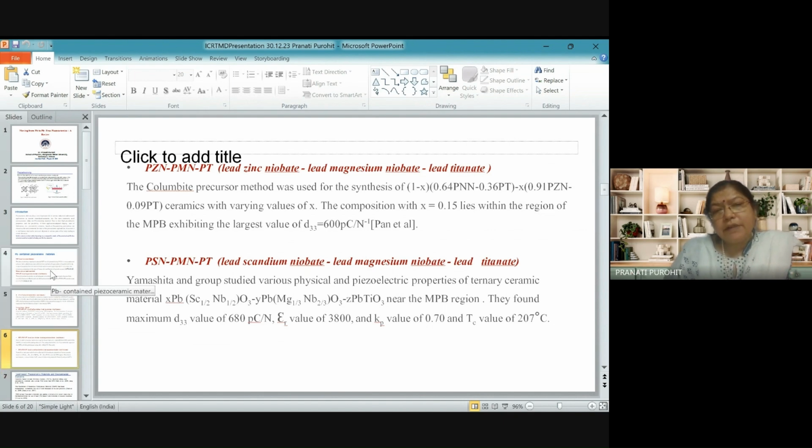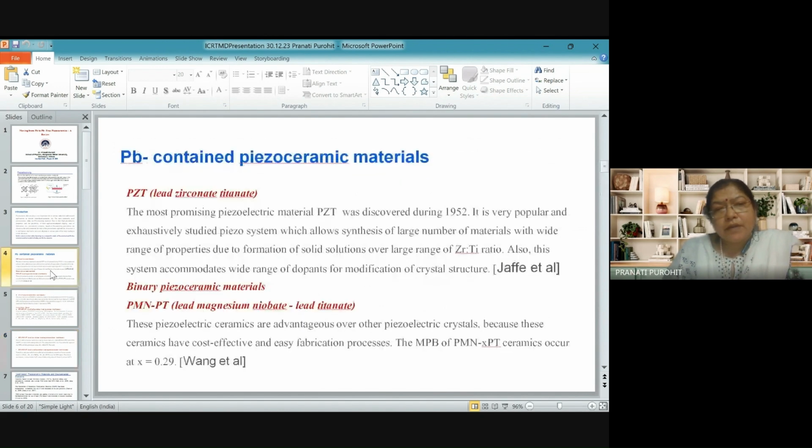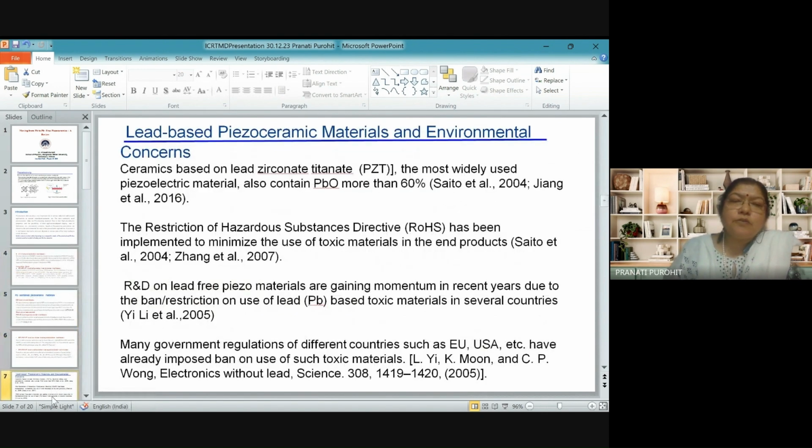If we are getting high piezoelectric coefficients with these lead-based ceramics, then why move to lead-free? Because with these lead-based piezoceramic materials, different countries ban the use of lead, and there are environmental concerns.